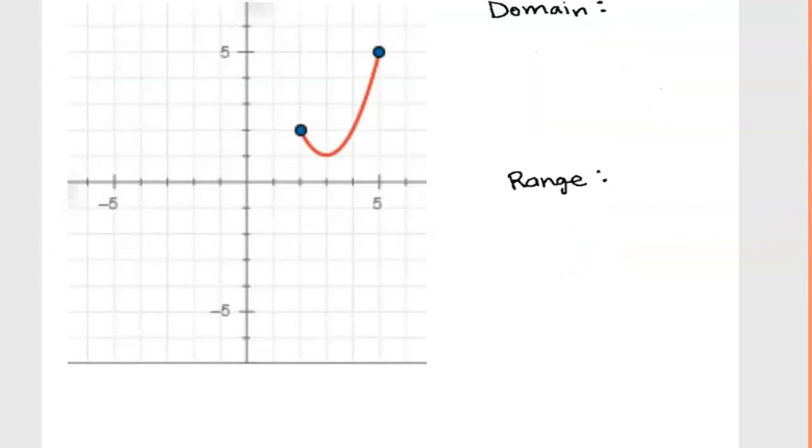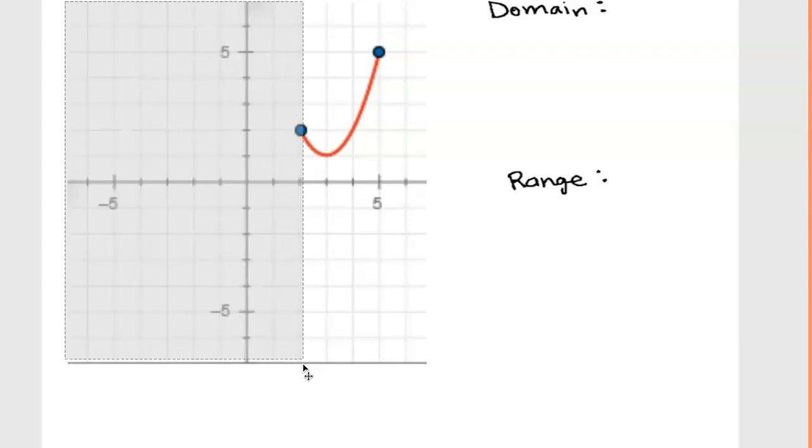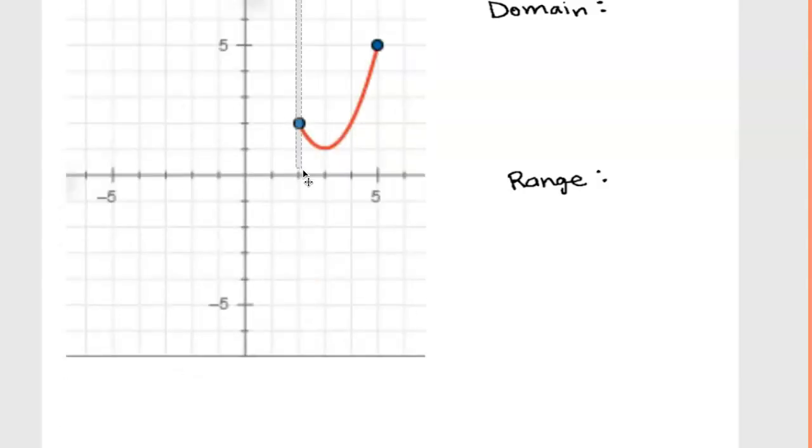Let's look at this one. We are looking for the domain. So we scan, we are not touching. We have a graph, but within the graph, we start touching it here, this number here, which is going to be 2. So where it touches, it's covering the x-axis within 2 and 5.